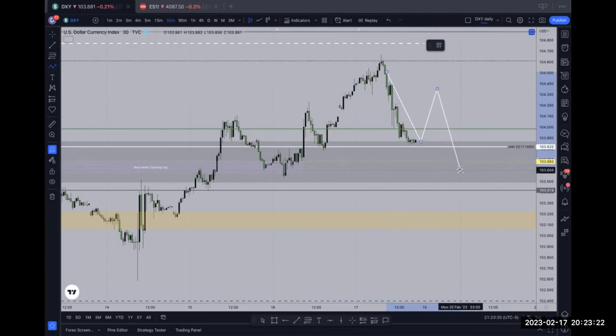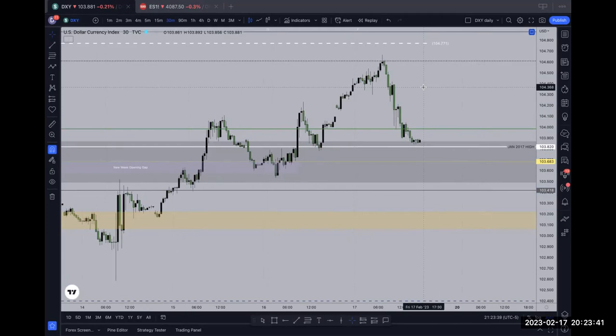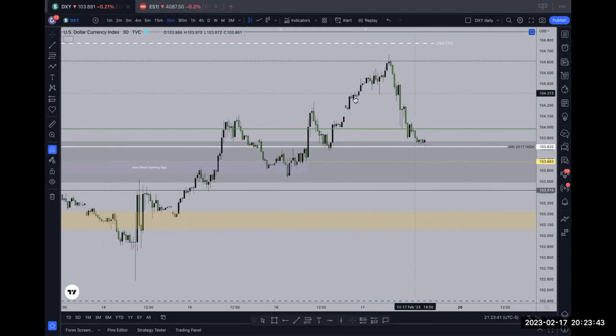Then we make a lower low, and then we make a lower high again, and then we make another lower low. That's the vice versa, like I said, of what was going on here. So uptrend, but then this is the representation of a downtrend. Not obviously picture perfect, just the drawing there, but you get the idea, I hope.